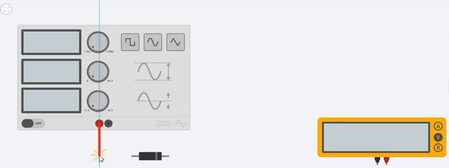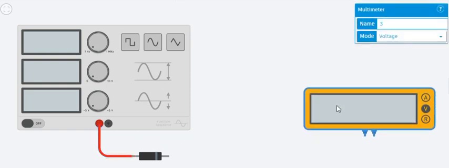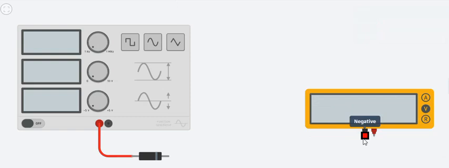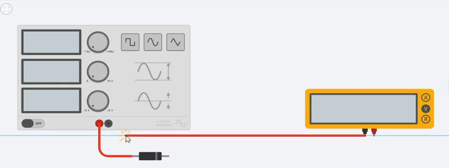So if you pass this voltage, this is AC voltage, and we measure with this DC meter, then we'll start having some meaningful output.